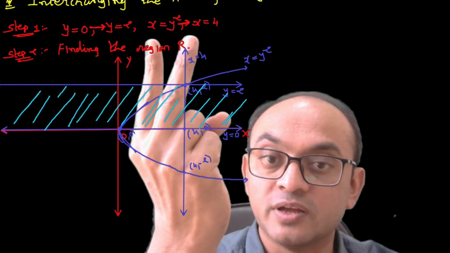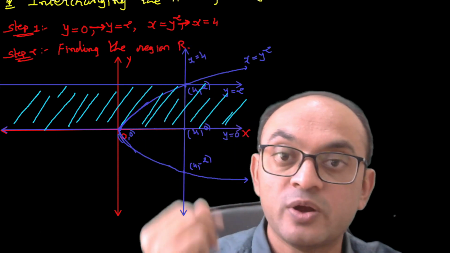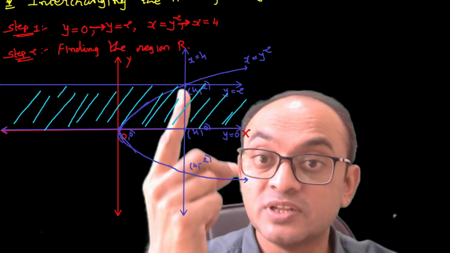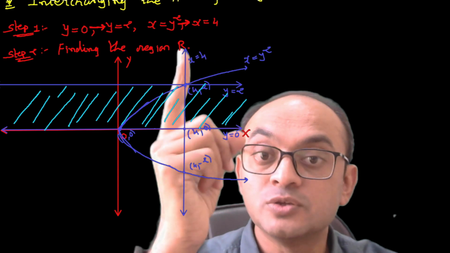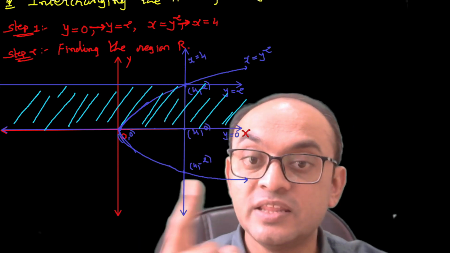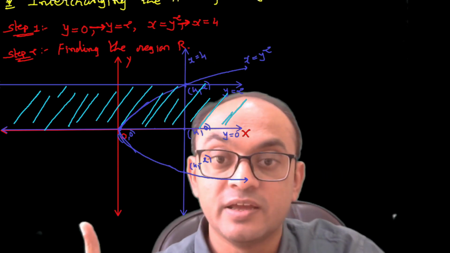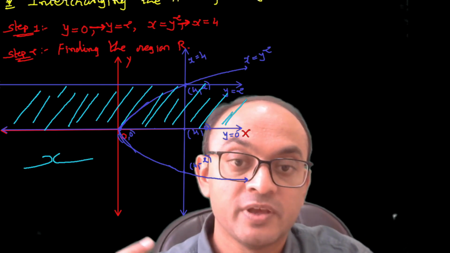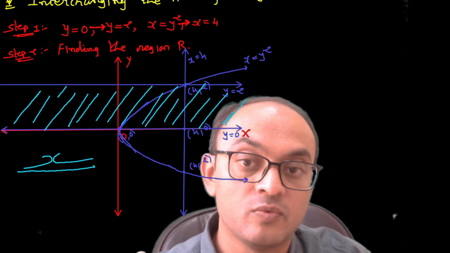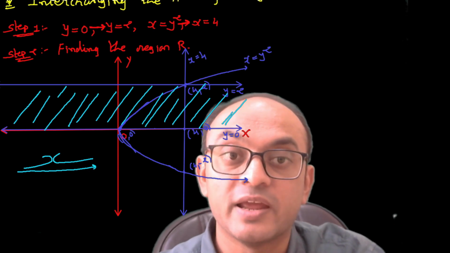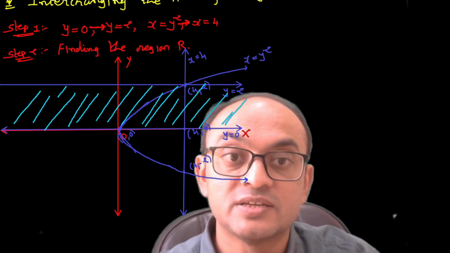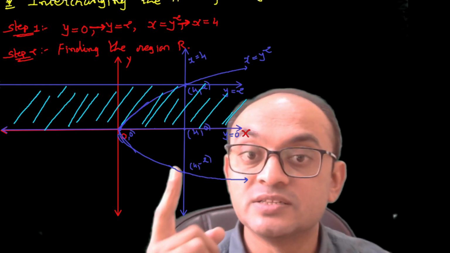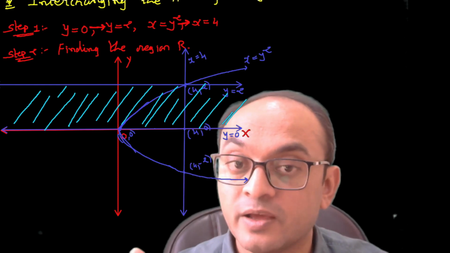Now observe here, x equal to y square to x equal to 4. So ultimately I have to work with the horizontal line. That is what we have been discussing since the last 3 videos, right?